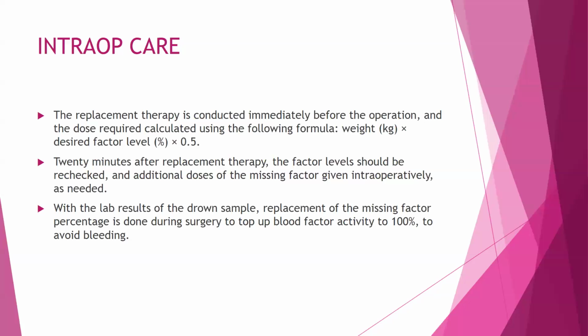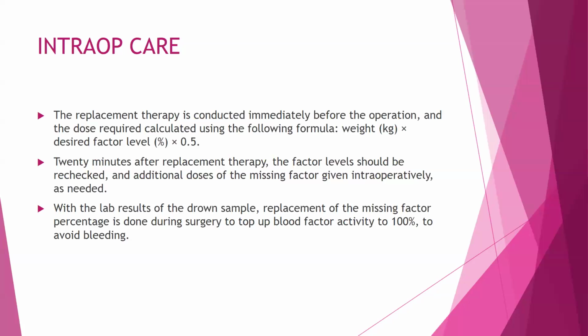The other thing is during the intraoperative care, we should ensure that these patients receive factor immediately before the surgery, usually 30 minutes before surgery. The dosages are usually calculated using the formula that we're going to look at. It is the weight in kg times 0.5, that is if it is factor 8.